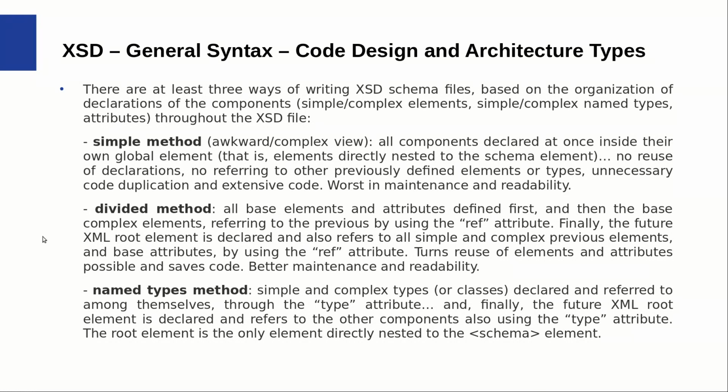So at the divided method, all base elements and attributes are defined first, all as global elements, all nested directly to the schema element, and then the base complex elements are declared and refer to those other elements and attributes using the attribute ref.